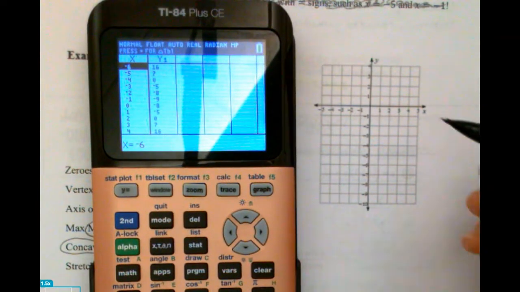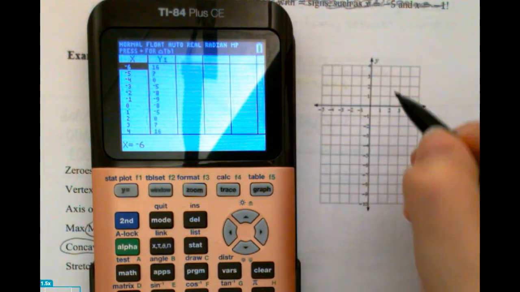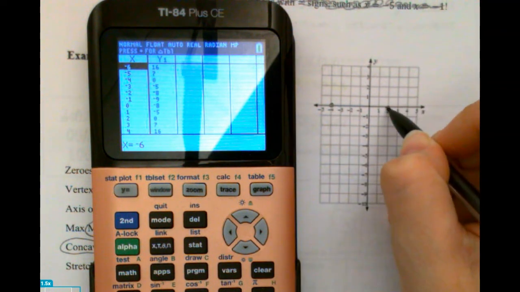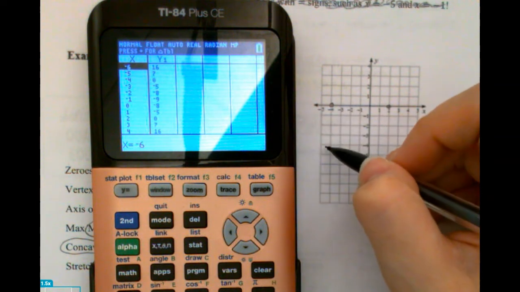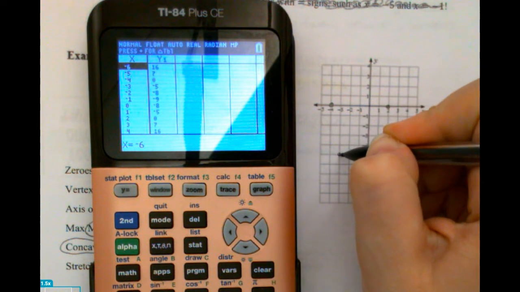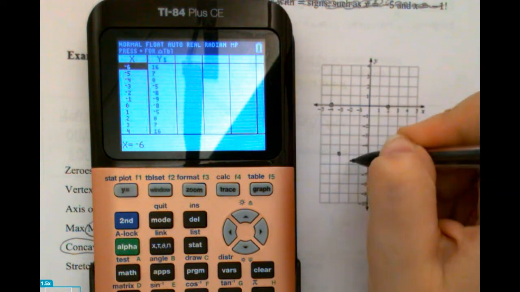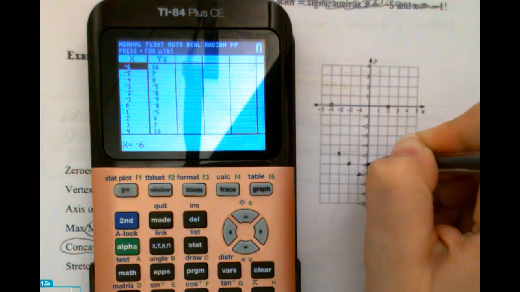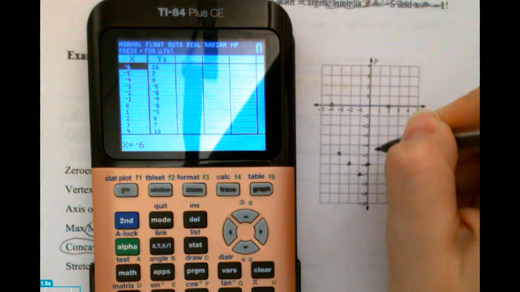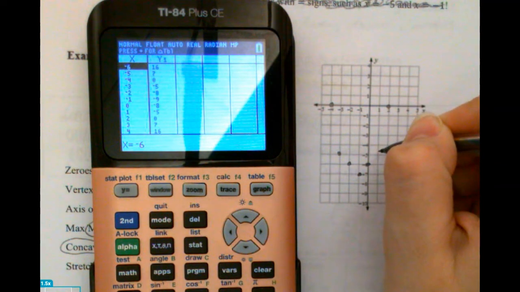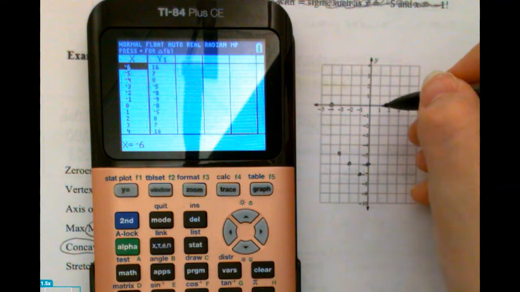So I'm going to have my 2 zeros here at -4, and I'm going to have it at 2. I've also got points at -5, 7. Oh, but I can't graph that. So we'll do -3, -5, -2, -8, -1, -9, 0, -8, and 1, -5. Oh, wait, hold on. Sorry, 3, -5.